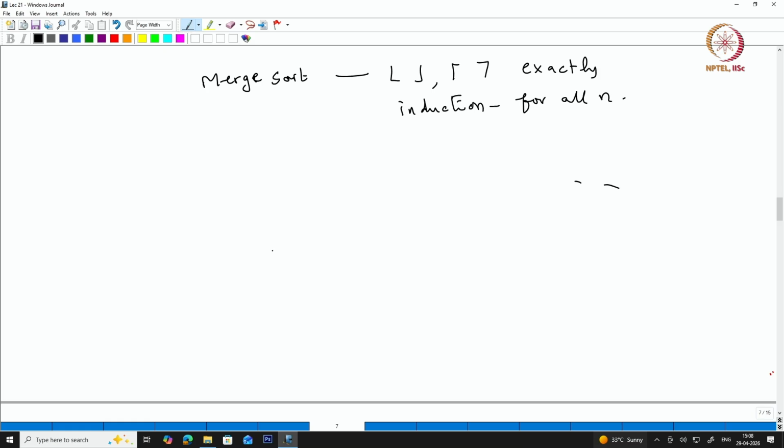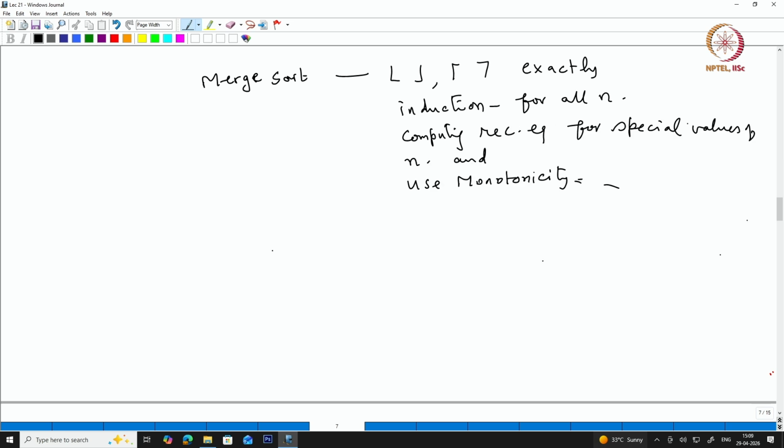Getting the bounds for all n can be done by computing the recurrence equation for special values of n and using monotonicity.